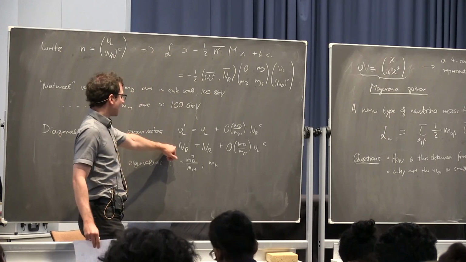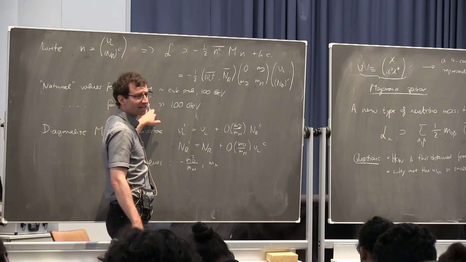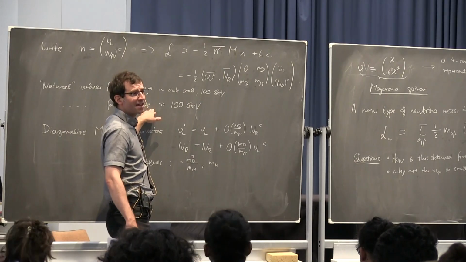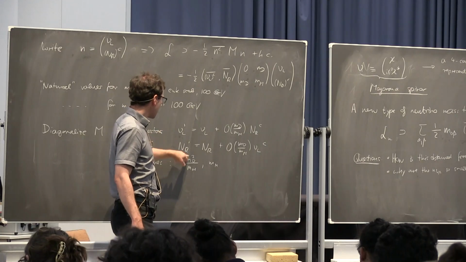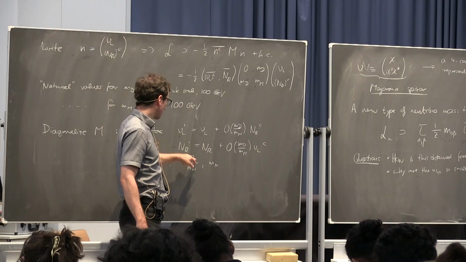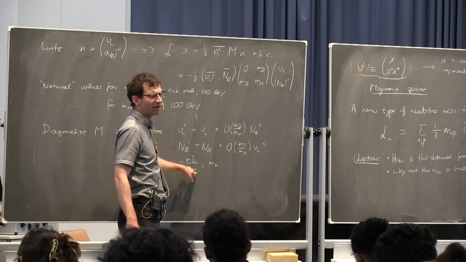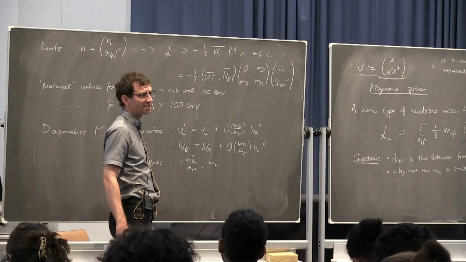So that means these NR prime states are super heavy. They live far above the electroweak scale, so they are safe from phenomenology. But the nu left prime now has a mass that is suppressed by an extra factor of MD over MM. And this is the explanation in this scenario for why neutrino masses are so small.